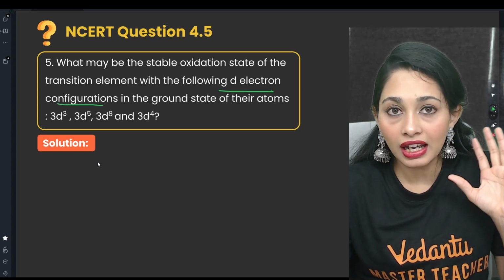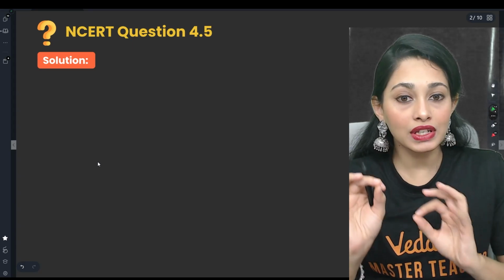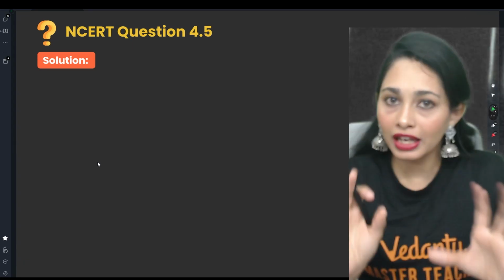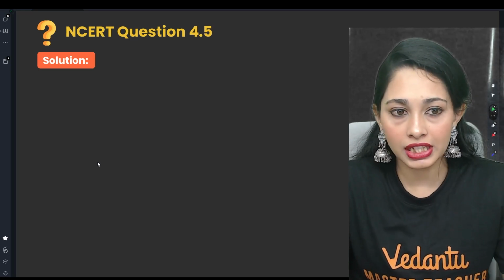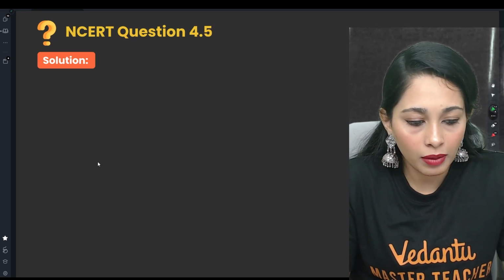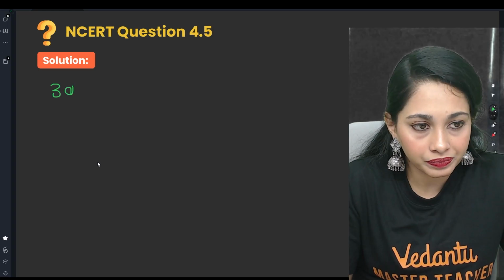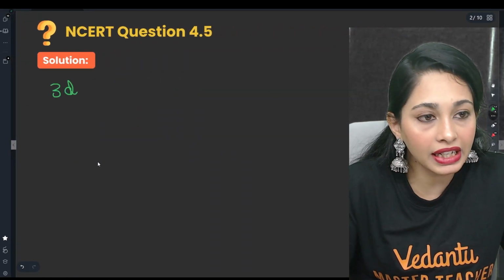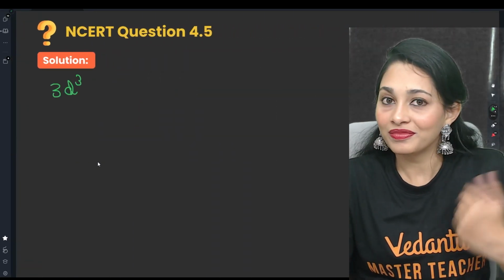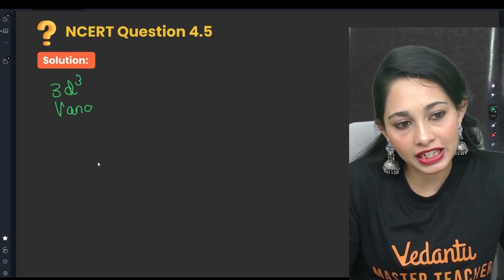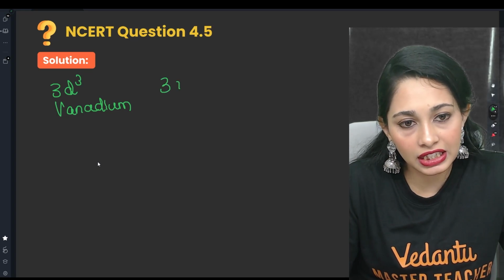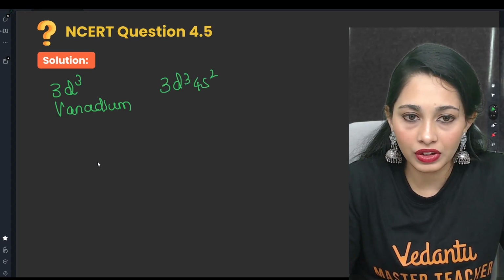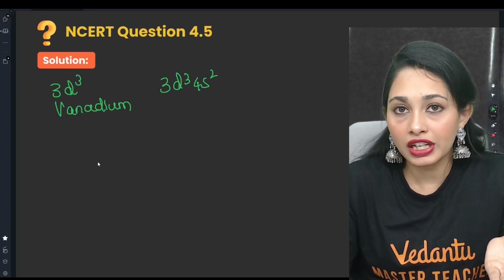They have given us 3d electronic configuration in the ground state, not in their oxidation states. So 3d3 is vanadium's ground state configuration. It is 3d3 4s2. This is the actual electronic configuration.